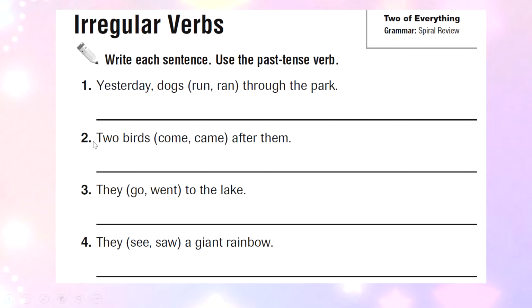2. Two birds come or came after them. Circle the answer. 3. They go or went to the lake. Circle the past tense verb. Number 4. They see or they saw a giant rainbow.